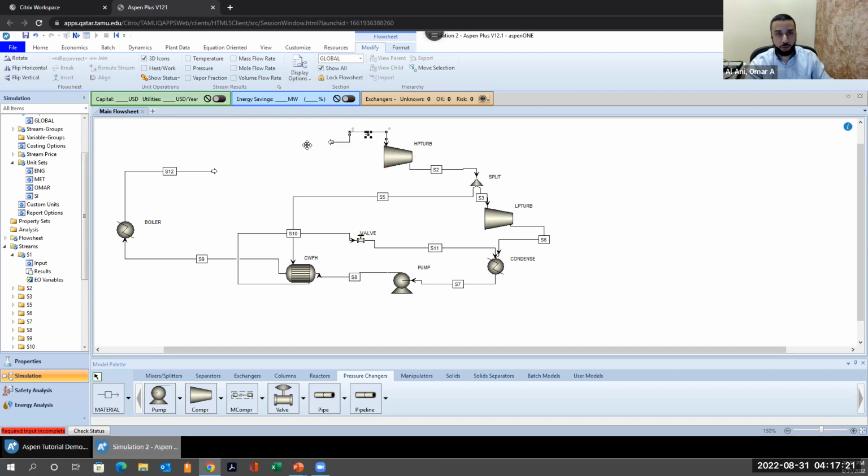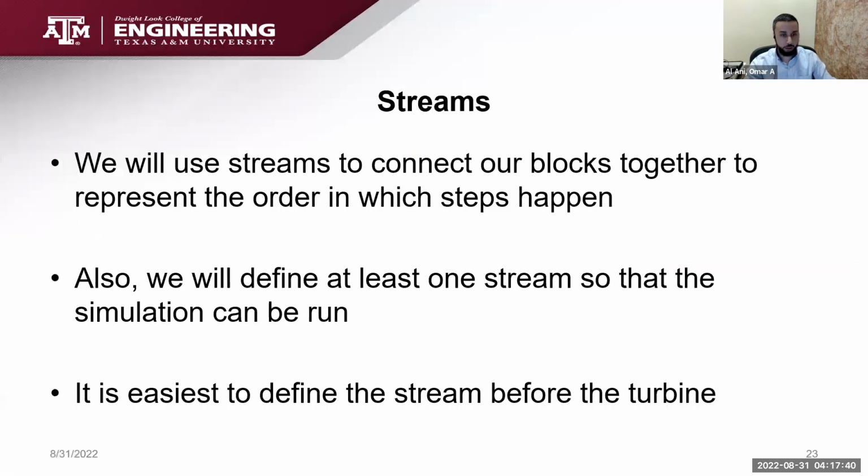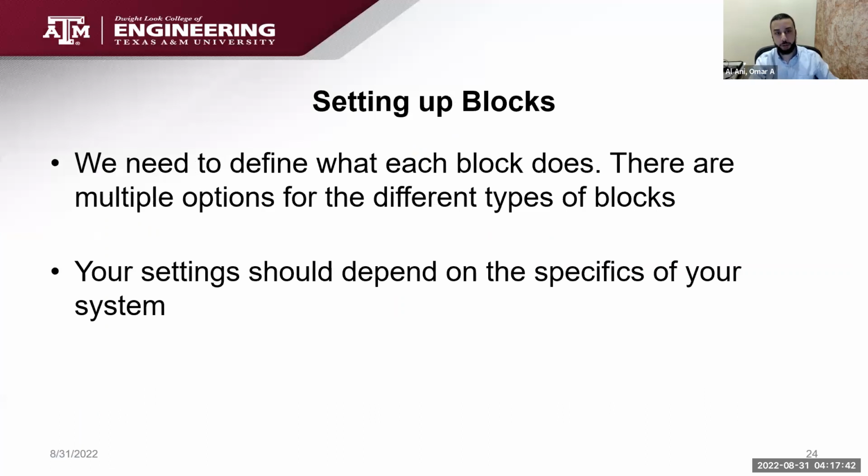Okay, so similar to anything else, if everything is disorganized, you won't really be able to understand anything. So we'll try to space things out so that we can understand what's going on. So we've defined one stream, we've connected all the streams together, and we can go ahead and go back to our slides and set up our blocks.